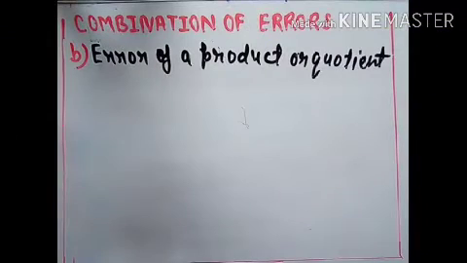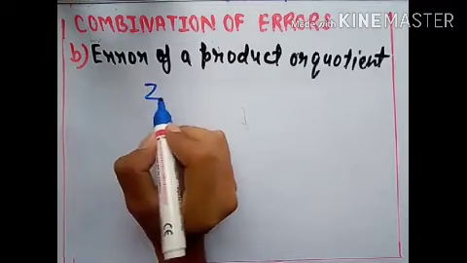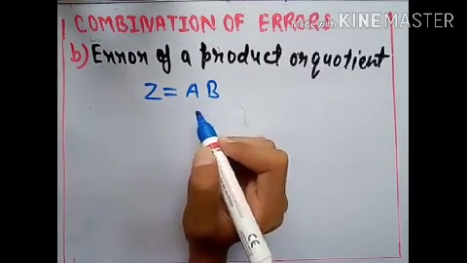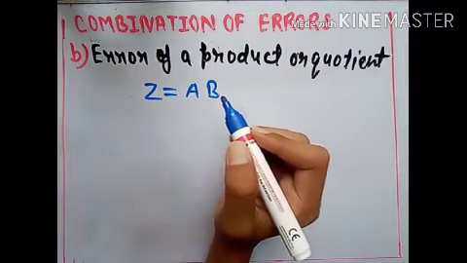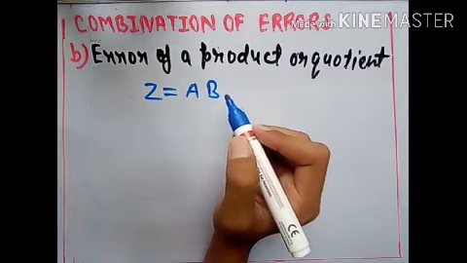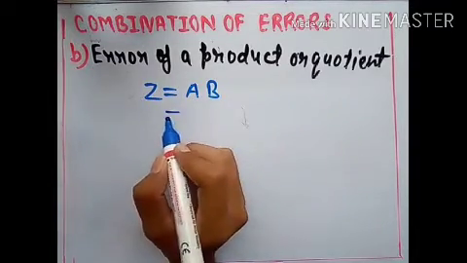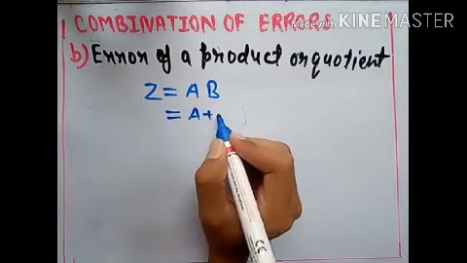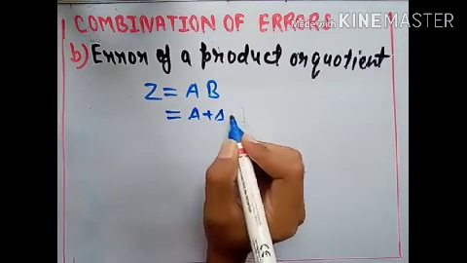The next error is error of a product or quotient. So for the product we write z is equal to a into b. Again, a has its measured value a plus delta a, and b has its measured value b plus delta b. So write it as a plus delta a.